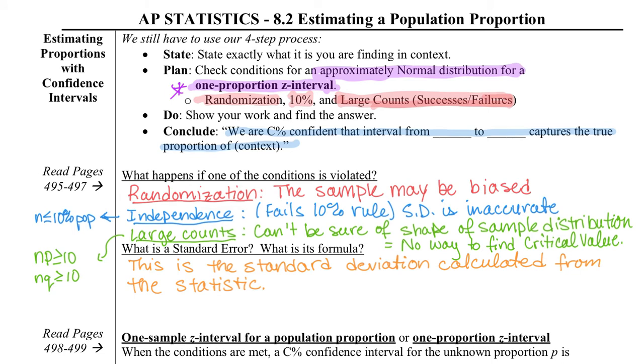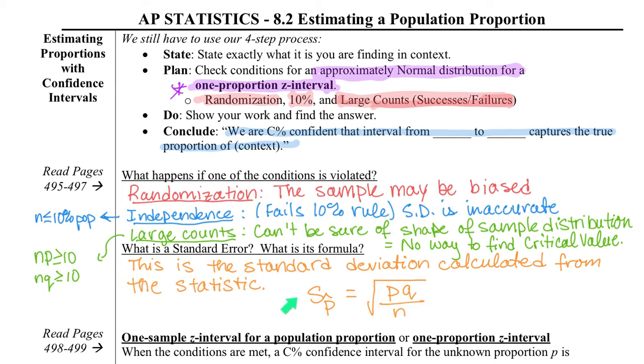What is a standard error? It's simply the standard deviation that we've calculated from the statistic. We've never called it that before, but we did see it in Chapter 7. It's the same formula that we saw in Chapter 7. Just know every once in a while they call it standard error because it's calculating the variation to expect from our sample.